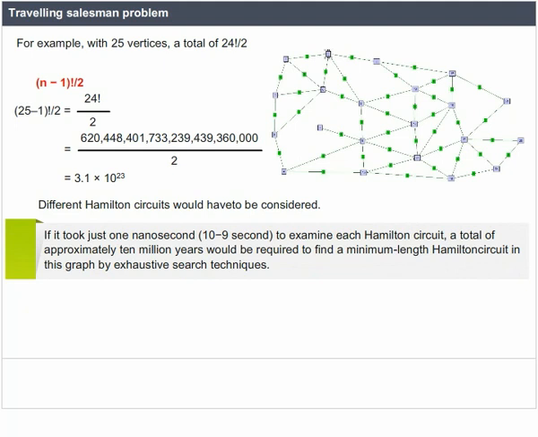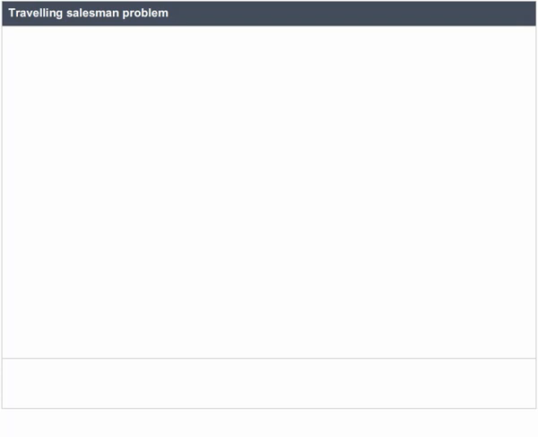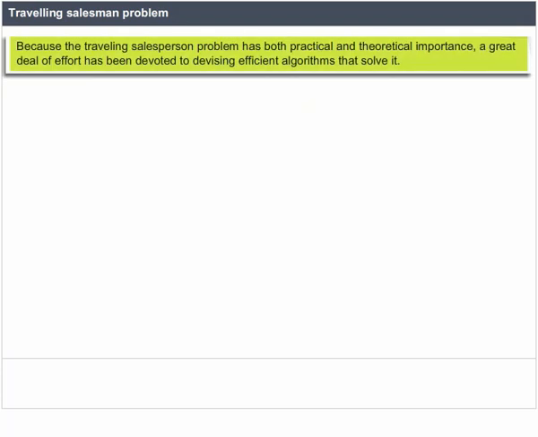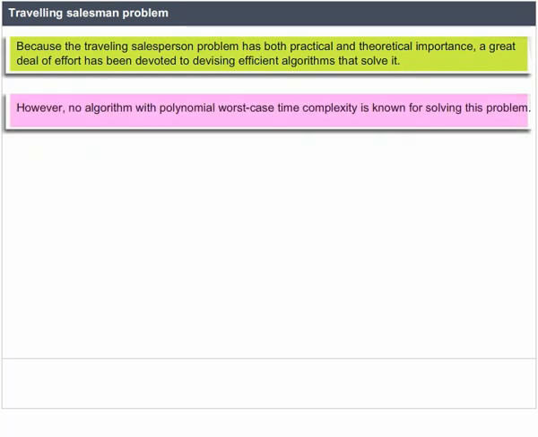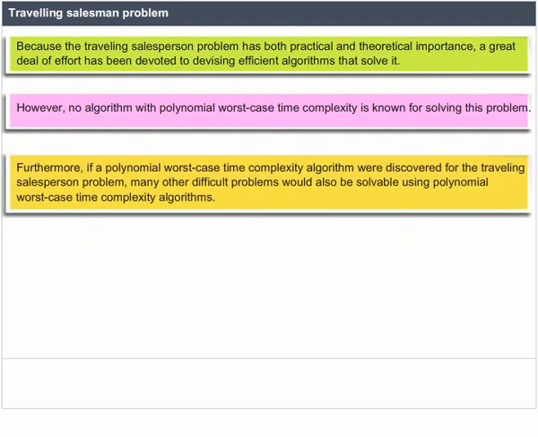Because the traveling salesperson problem has both practical and theoretical importance, a great deal of effort has been devoted to devising efficient algorithms that solve it. However, no algorithm with polynomial worst case time complexity is known for solving this problem. Furthermore, if a polynomial worst case time complexity algorithm were discovered for the traveling salesperson problem, many other difficult problems would also be solvable using polynomial worst case time complexity algorithms.